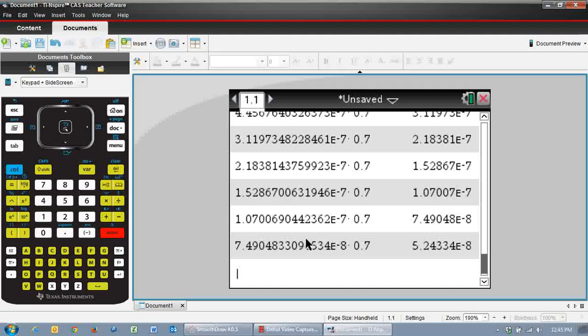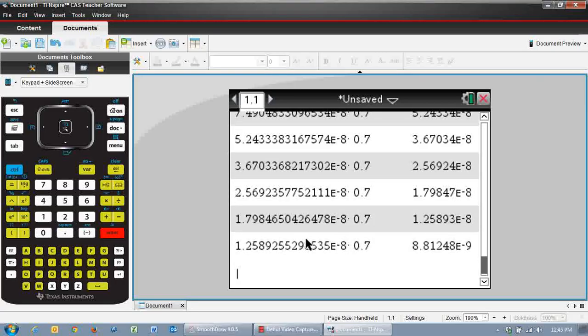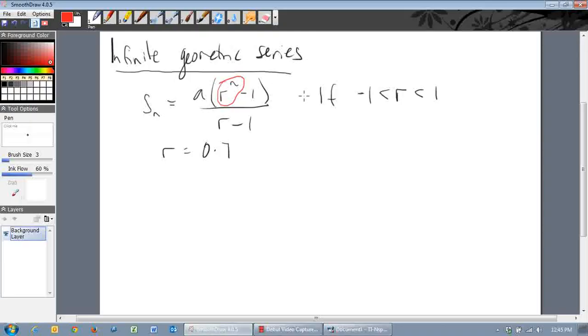The calculator is starting to freak out a little bit because these numbers are getting super small. What happens is that as n goes to infinity, as n gets really, really big, r to the power n gets closer and closer to 0. And this is a really important result.